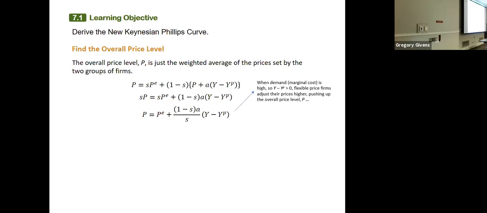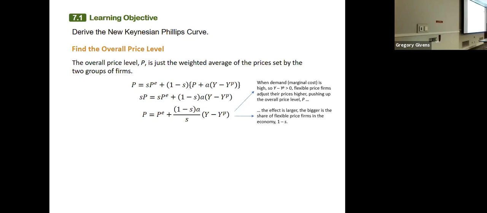Why? Because more firms in the economy have sticky prices, and can't respond to the change in the output gap or marginal cost, right? The larger is S, the smaller is the impact, or the larger is 1 minus S, the bigger is the impact of the output gap on the overall price level.